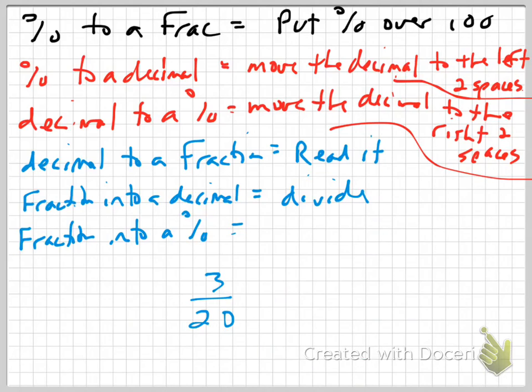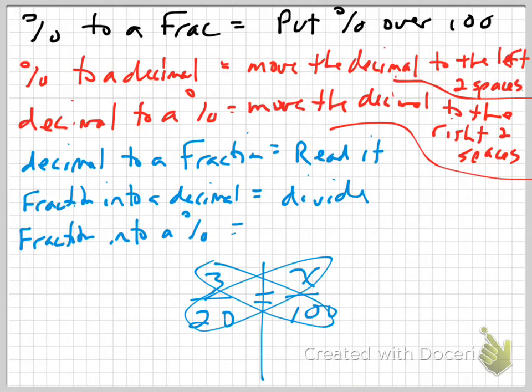Watch. If I want to go from 3/20 to a percent, you go 3/20 is what percent? Whenever you say what percent, it's x over 100. Sometimes they'll put n over 100. It doesn't matter, right? Does it matter what the variable is? No. Now what do we do? Cross multiply. x times 20 is?